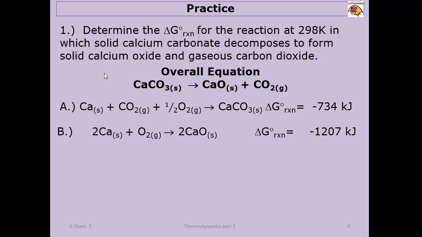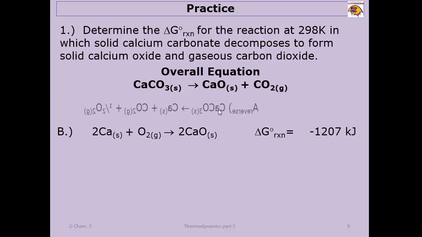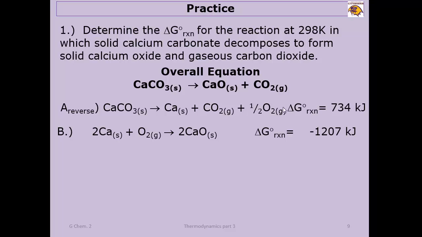So once again, work left to right across the overall equation. We're going to start with calcium carbonate. Calcium carbonate's in here, but it's on the product side. It needs to be moved to the reactant side. So we're going to flip that equation.